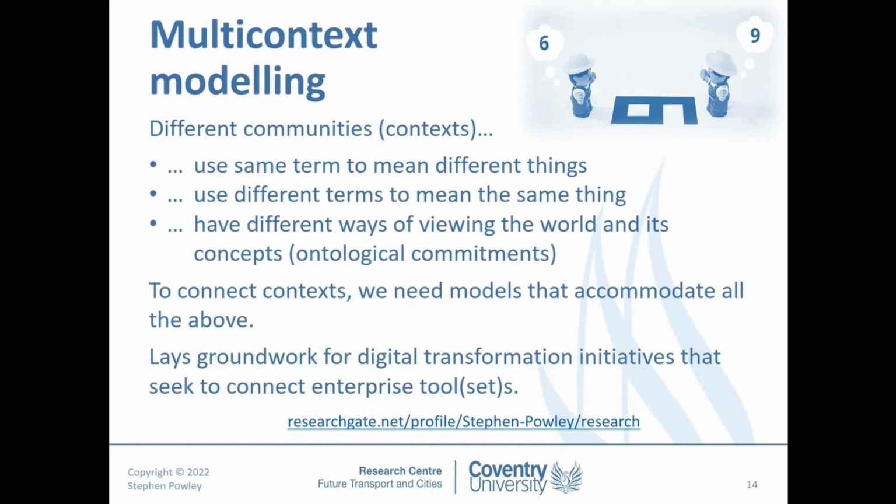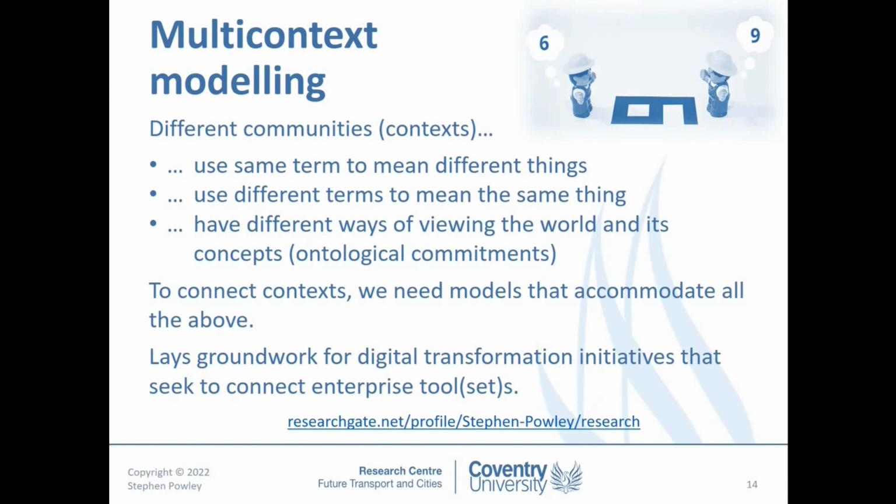And in particular, we're looking at challenges where the same term means multiple things, or we've got different terms to mean different things. But also looking at the conceptual modeling, people have different ways of viewing the world, and their fundamental worldviews can conflict.